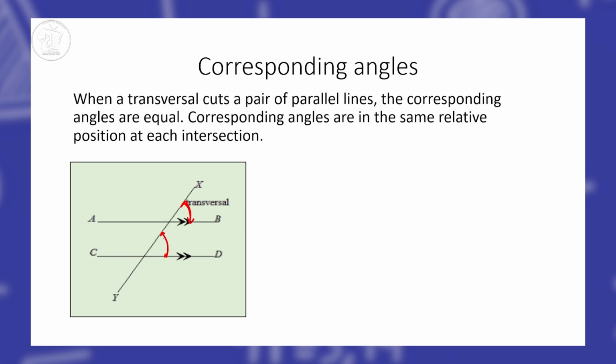So these two angles are equal. Also, this angle here will also be equal to this angle here because they are corresponding angles. They are in the same relative position. And also, this angle here will be equal to this angle because they are in the same relative position. And of course, this one will also be equal to this one.